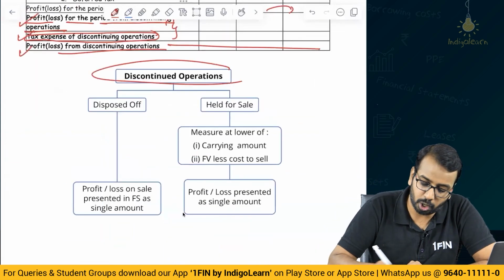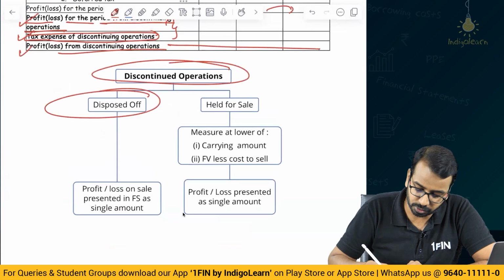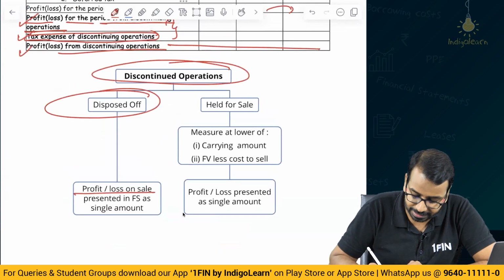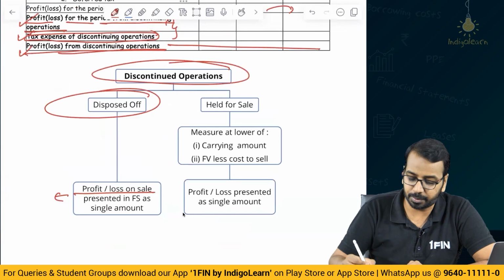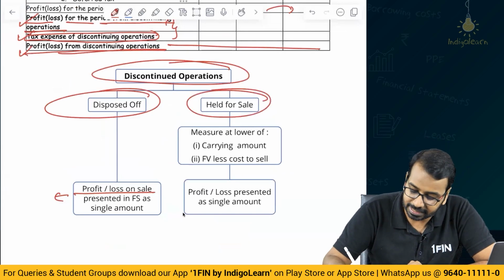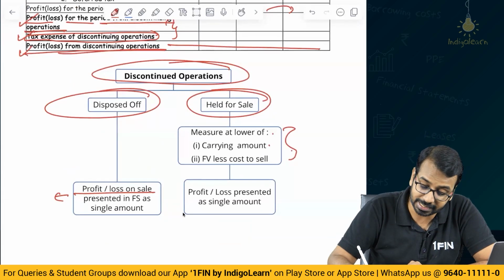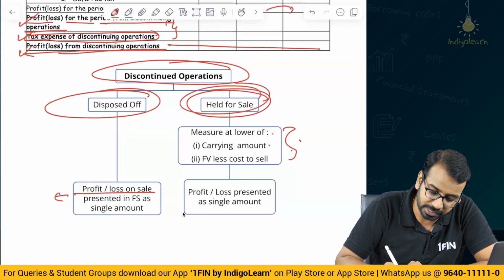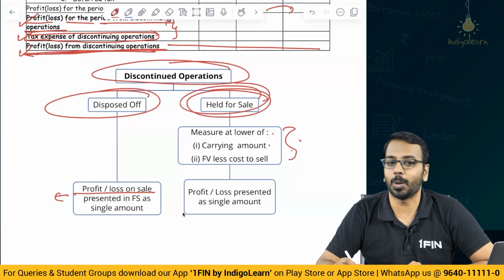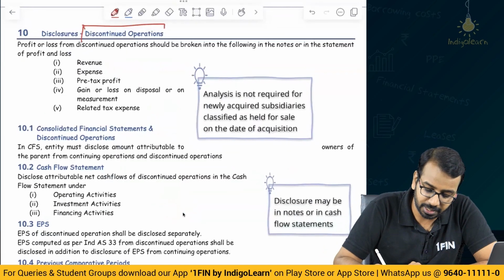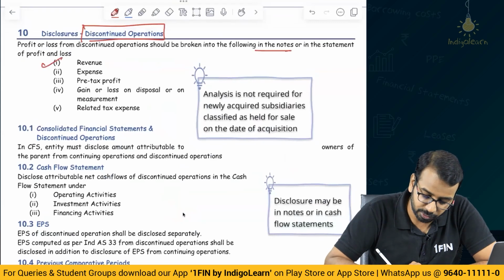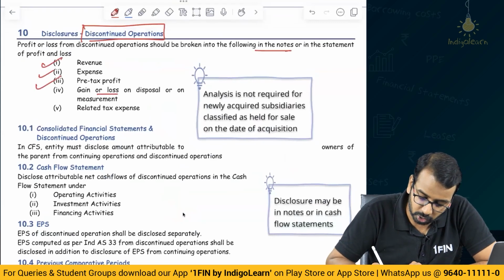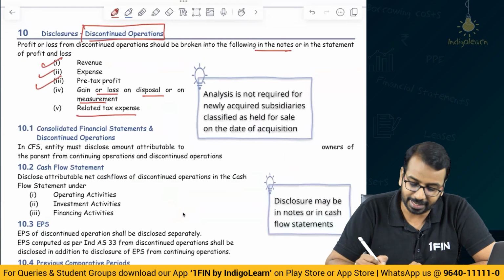Now as far as discontinued operation is concerned, if it is disposed of, profit or loss on sale is also presented in the section called profit or loss from discontinuing operation. If it is held for sale, then the loss on classification as held for sale is presented as loss from discontinued operation. Now, discontinued operation being a disclosure standard, you have to disclose separately in the notes revenue, expenses, pre-tax profit, gain or loss on remeasurement and related tax expenses.